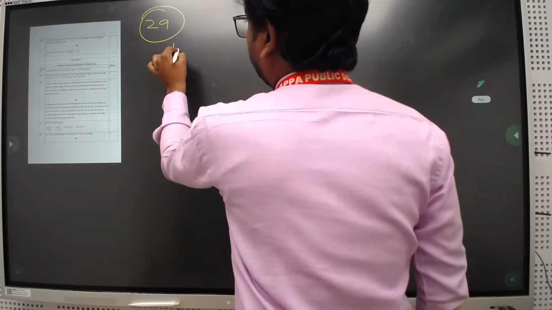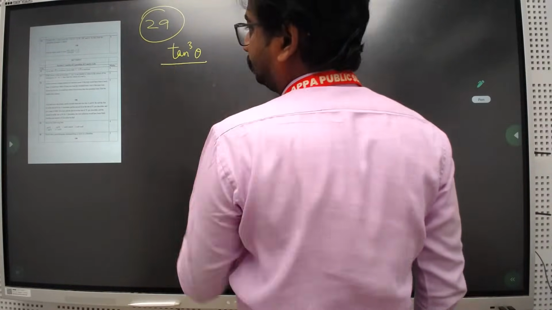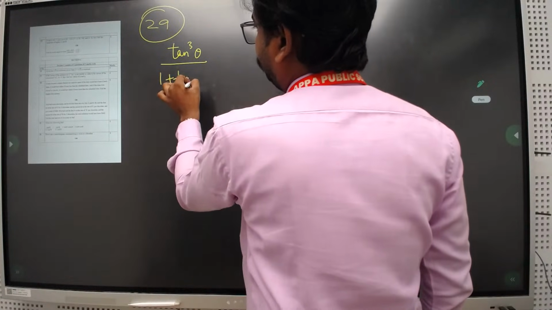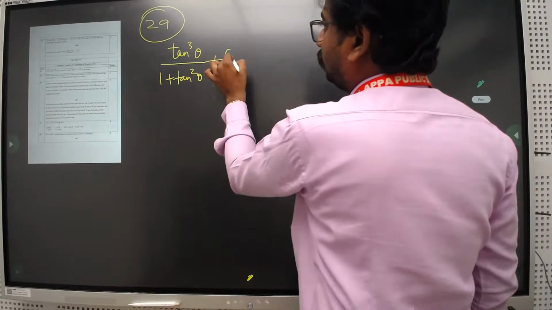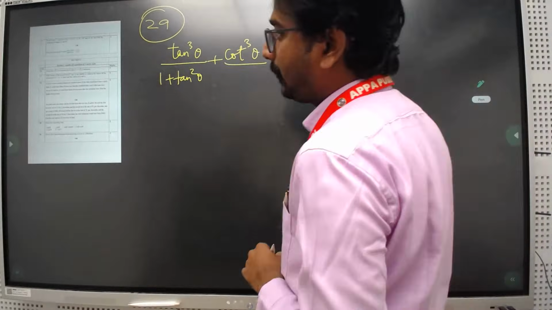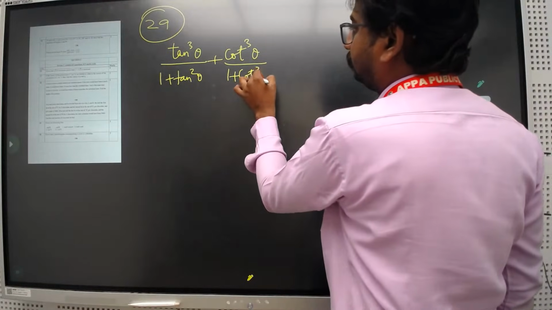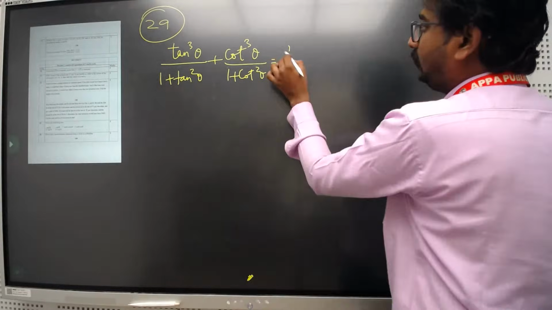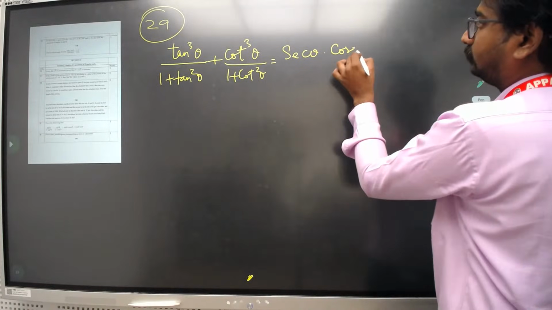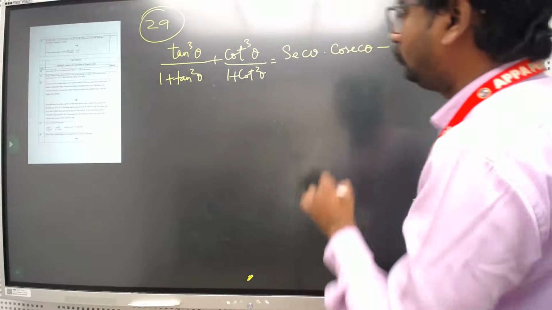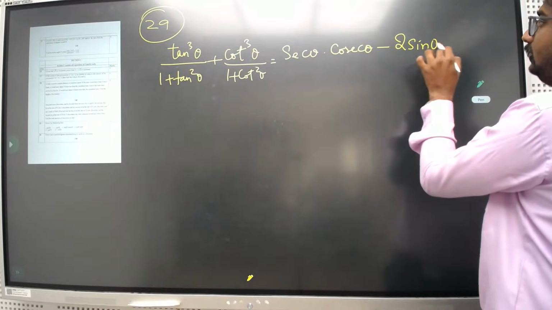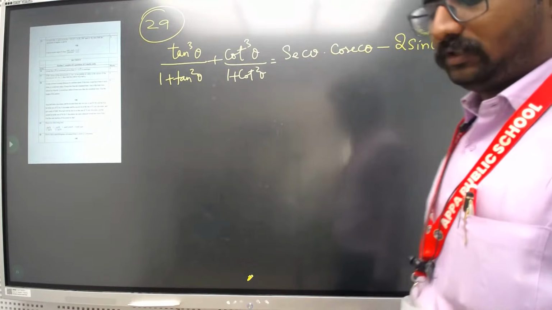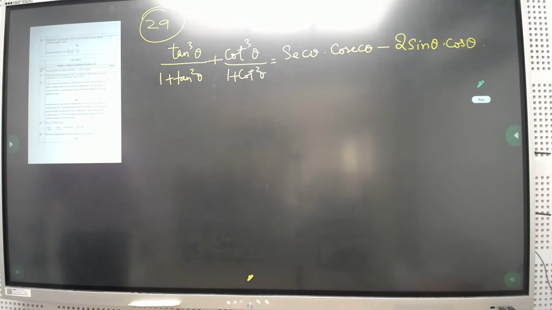Prove that tan cube theta by 1 plus tan square theta plus cot cube theta by 1 plus cot square theta is equal to secant theta into cosecant theta minus 2 sin theta into cos theta. Again, algebraic identities you should know. Without knowing algebraic identities, you can't solve.